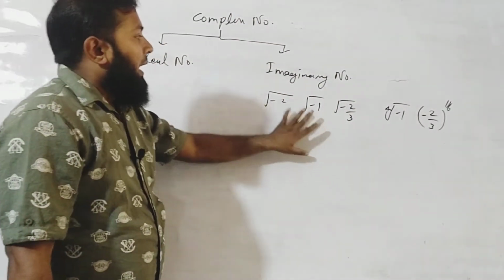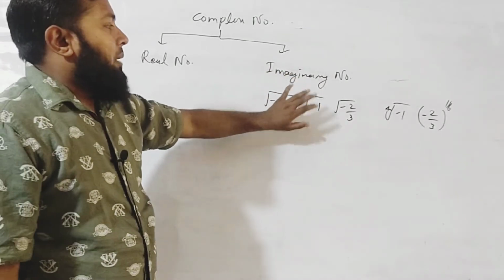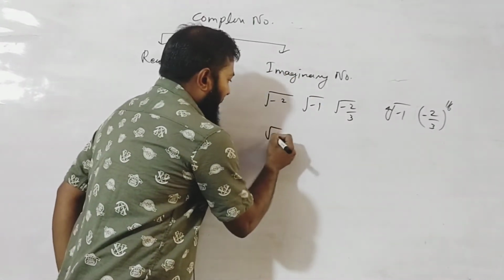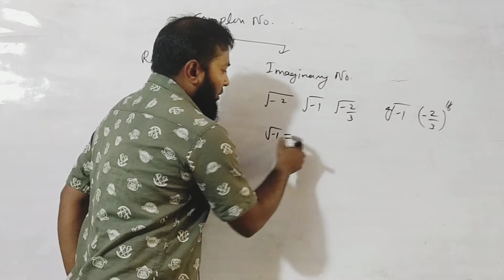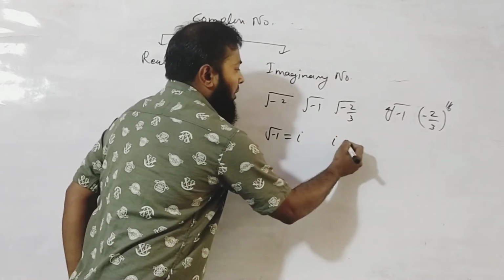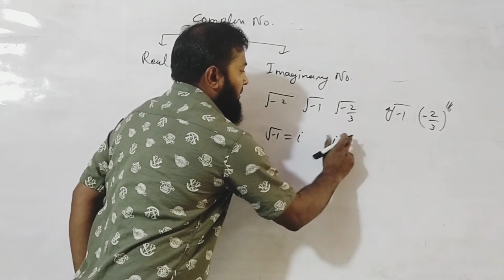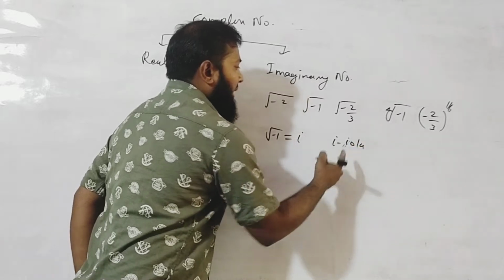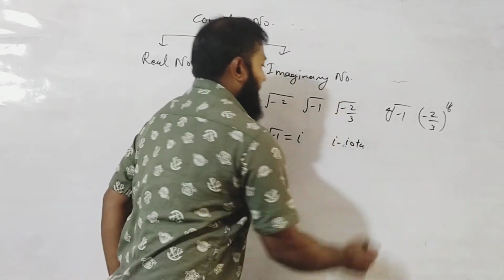Okay, and in order to study imaginary numbers, we can express square root of minus 1 by i, and i is called iota. Okay, i stands for iota.